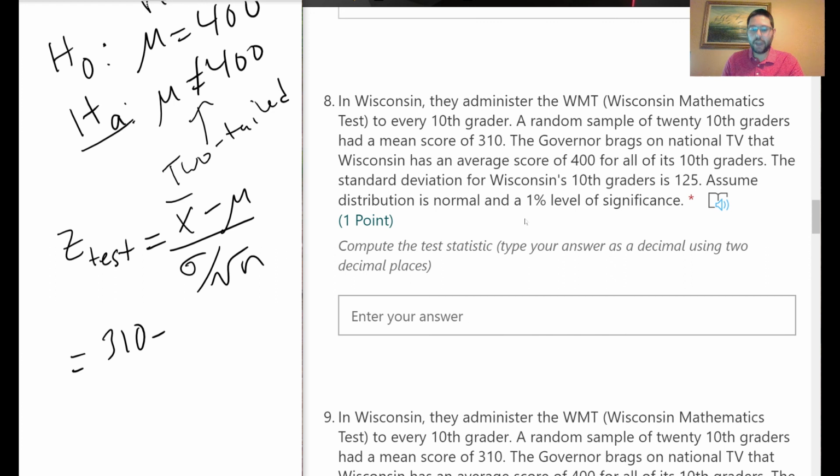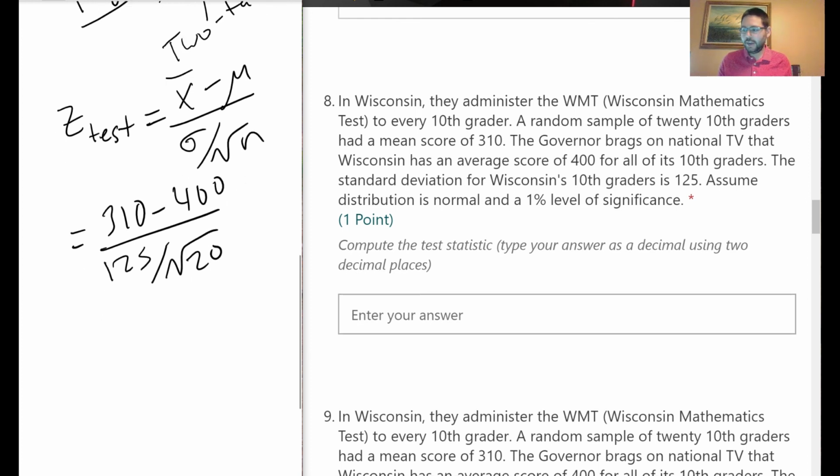The mu is the hypothesis mean, which is 400. Sigma is 45 over the square root of n. And they did it for a sample of 20 10th graders.